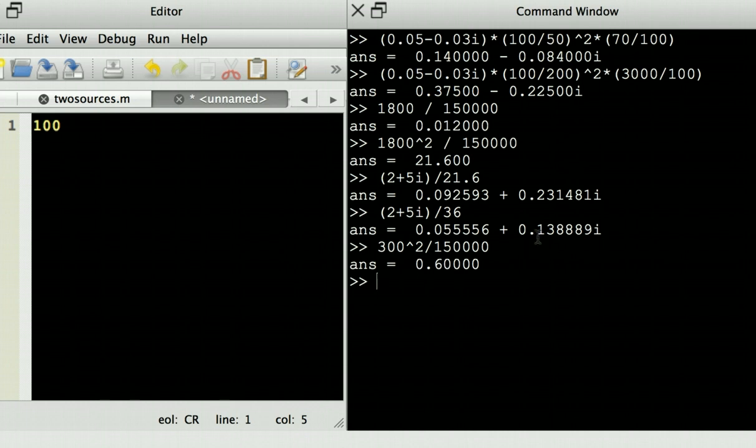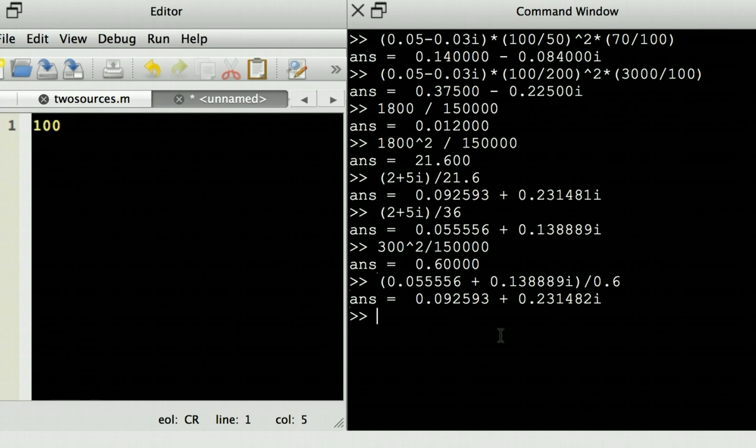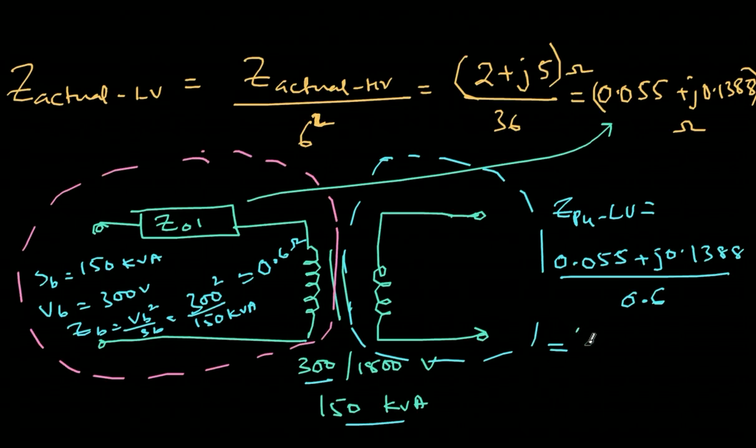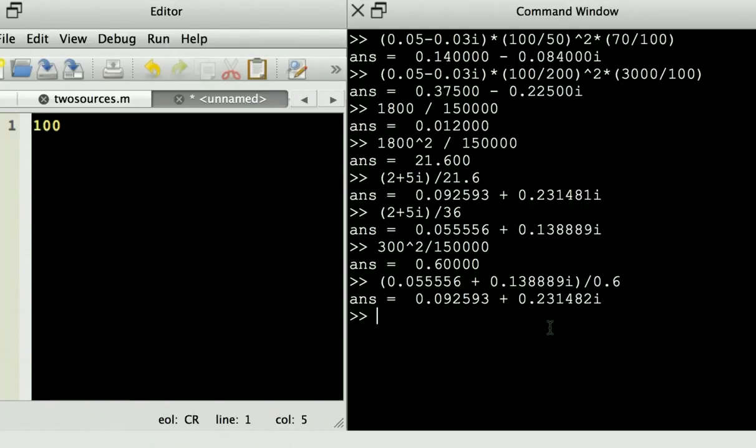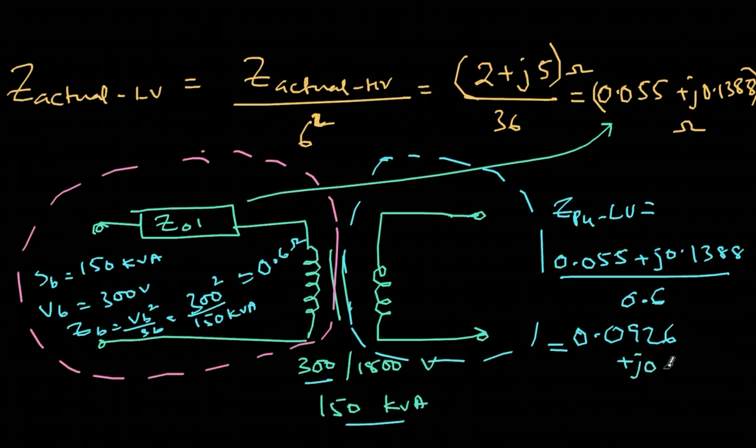This quantity we had already calculated, so I will divide it by 0.6. So I'm getting 0.0926, which I'll round off, plus j0.2314. So this is in per unit.